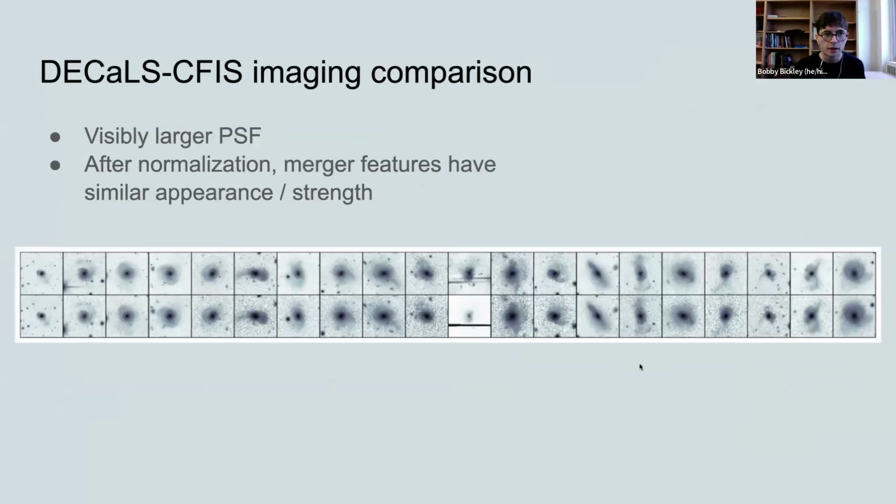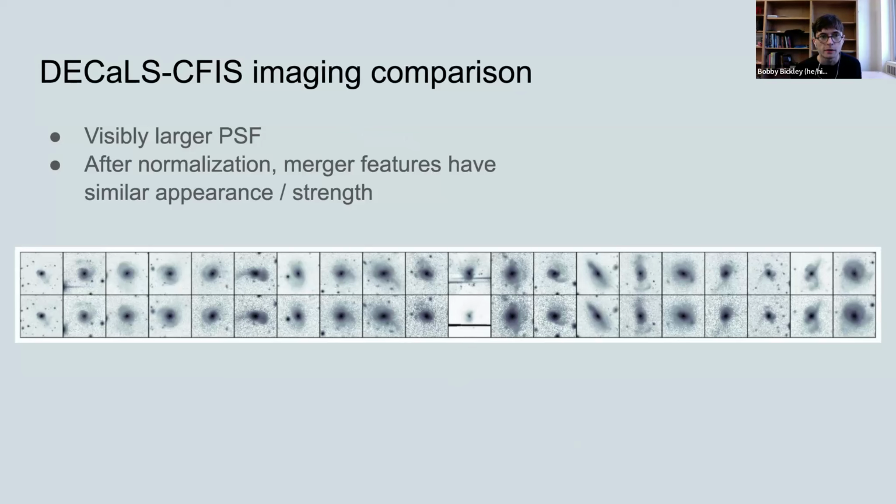Here's a comparison of the two imaging surveys, and maybe I can let you all in the room try to identify which is which. These are both post-processed, so I apply the same normalization scheme to the DECaLS imaging and the CFIS imaging before I feed it into the convolutional neural network for classification. And you can see that, except in cases where there is an imaging artifact in one survey or the other, the appearances of the galaxies are pretty similar. One of them has a visibly larger PSF.